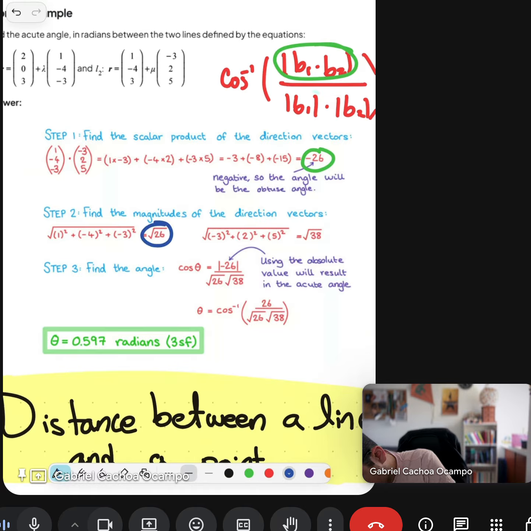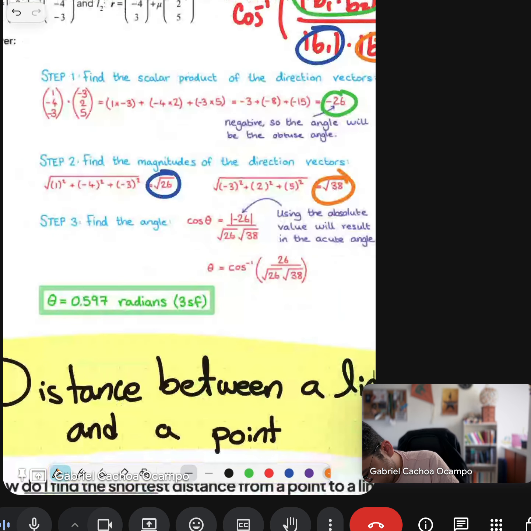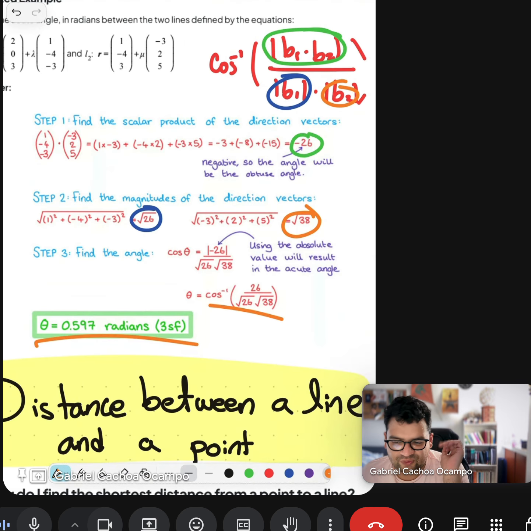This number is this one. This number is this one. So you just do the inverse cosine of those three quantities, multiplying the one in the denominator. And with the inverse cosine, you will get this angle. This one is the easiest from the three skills.